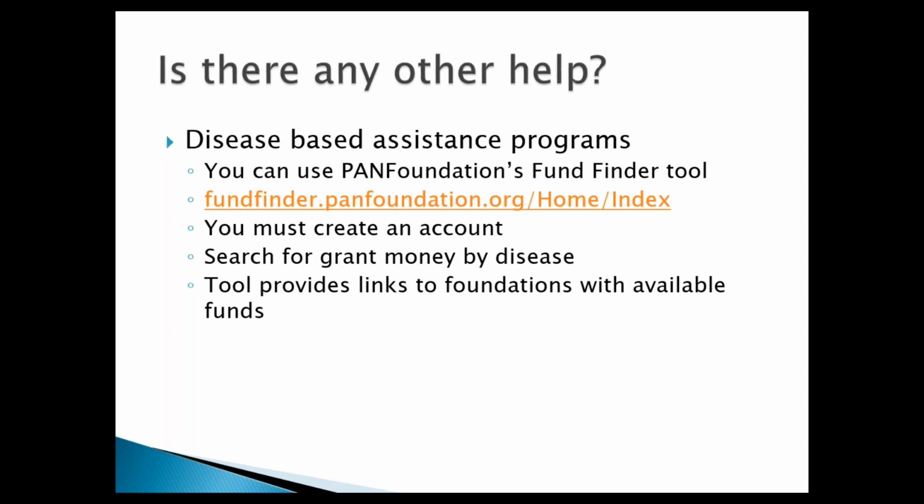So the best tool that I know of for finding money through these programs, it's the Fund Finder tool, and the link to the Fund Finder is in the PowerPoint presentation. You have to create an account in order to use this tool.